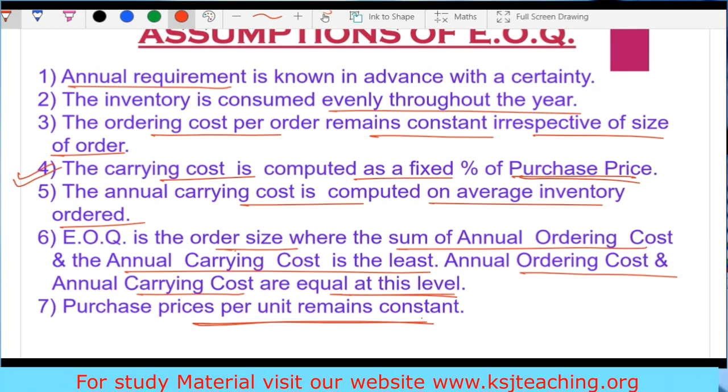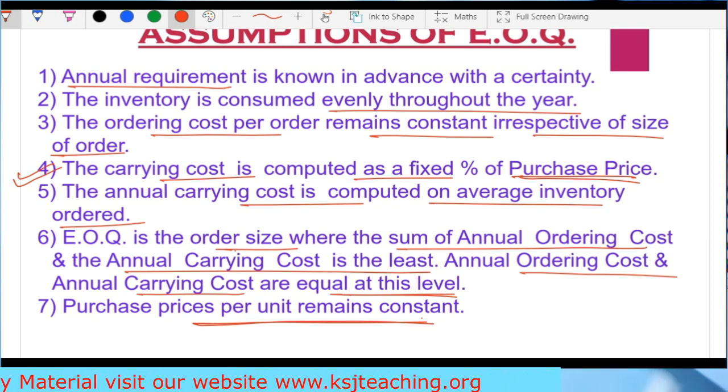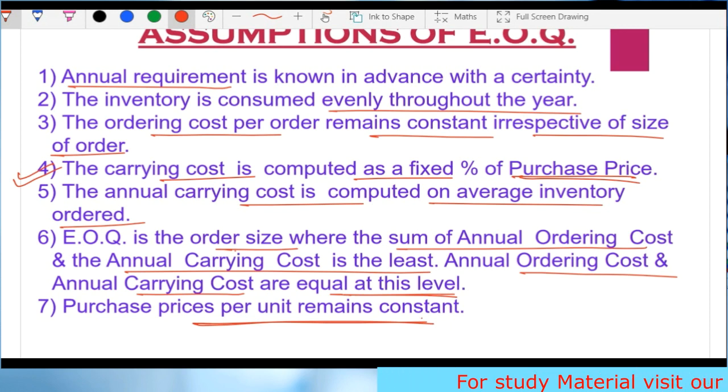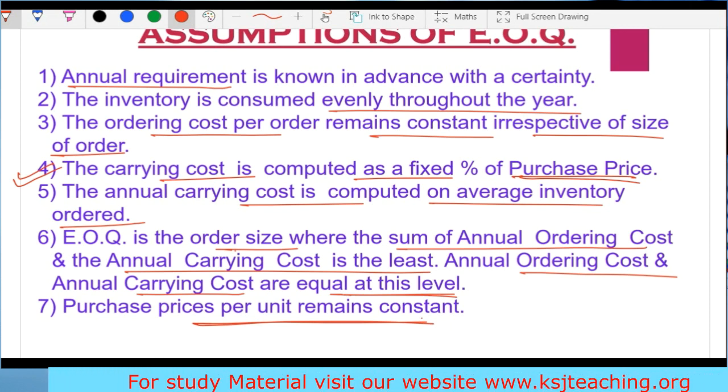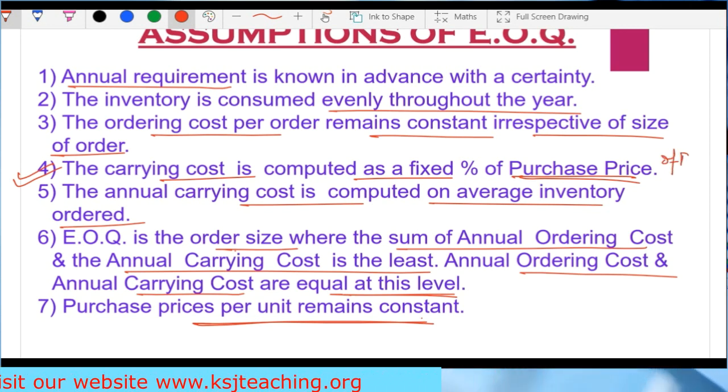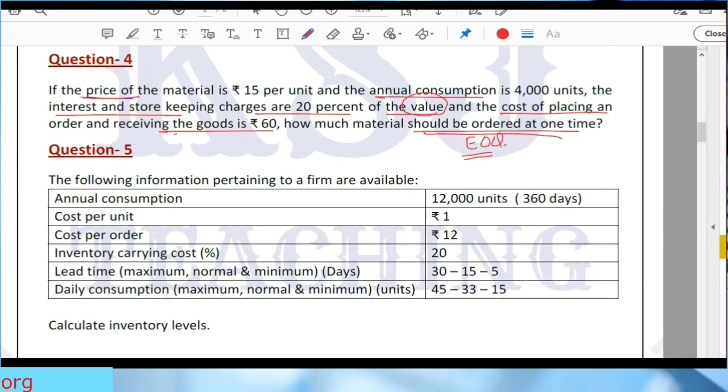Say you are carrying 1 crore of raw material, you will require that much space and that much security. If you are storing heavy, costly items, you will require that much security also. You will put a security camera in the storeroom. That is also your carrying cost. So carrying cost is computed as a fixed percentage of purchase price of raw material. Okay, you need to remember this. Coming to the problem now.